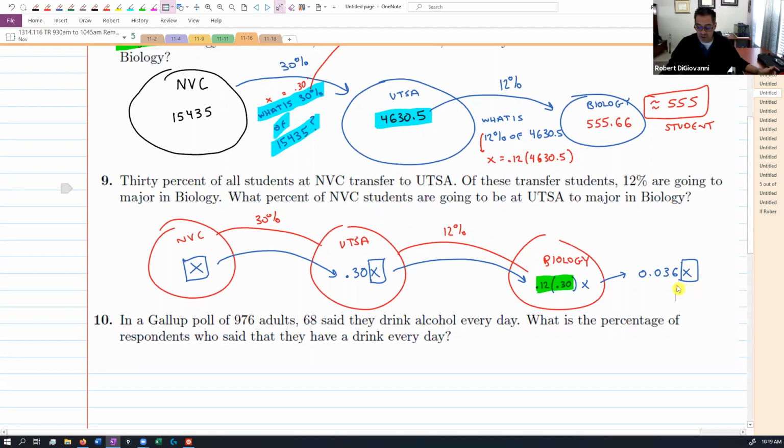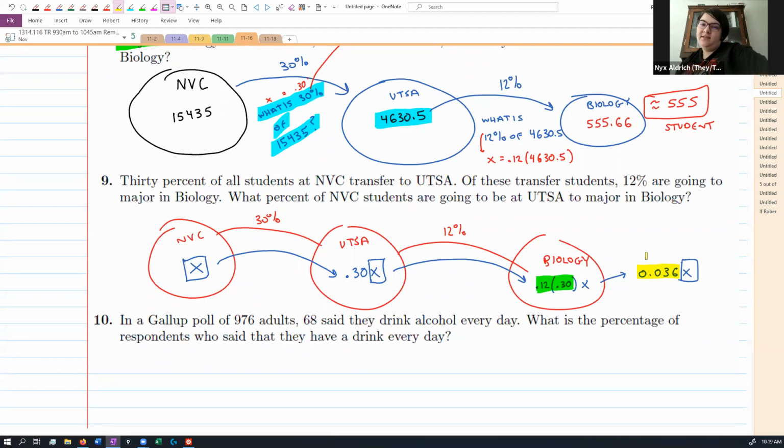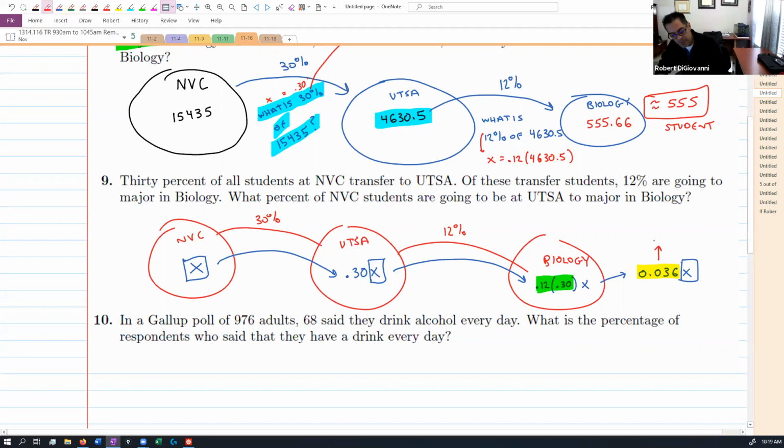This is how many students are in biology at UTSA, but specifically, what does this number 0.036 tell us? The percent of students from NVC that went to UTSA majoring in biology. If we convert that to a percentage, it's 3.6%, right? That's what this number is, a percentage.